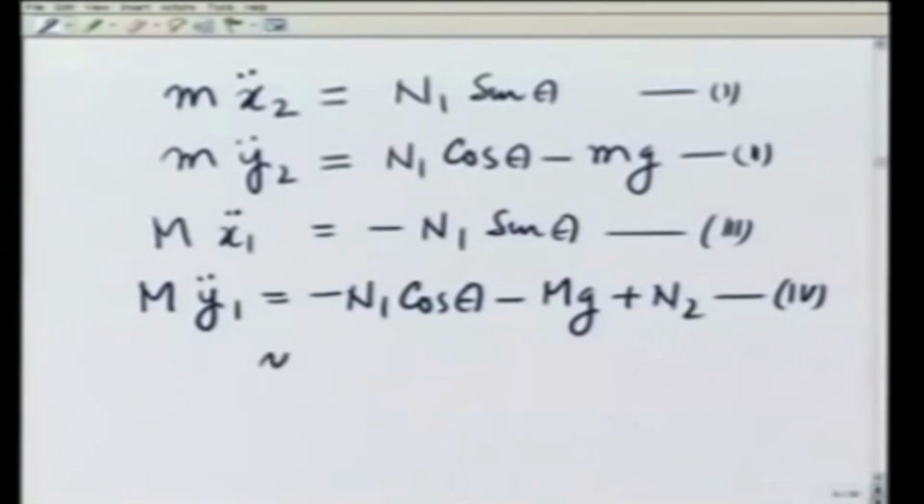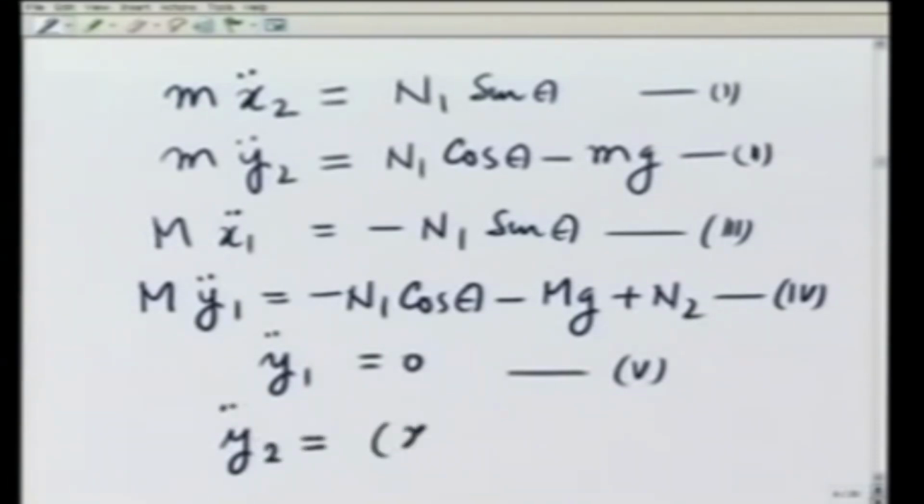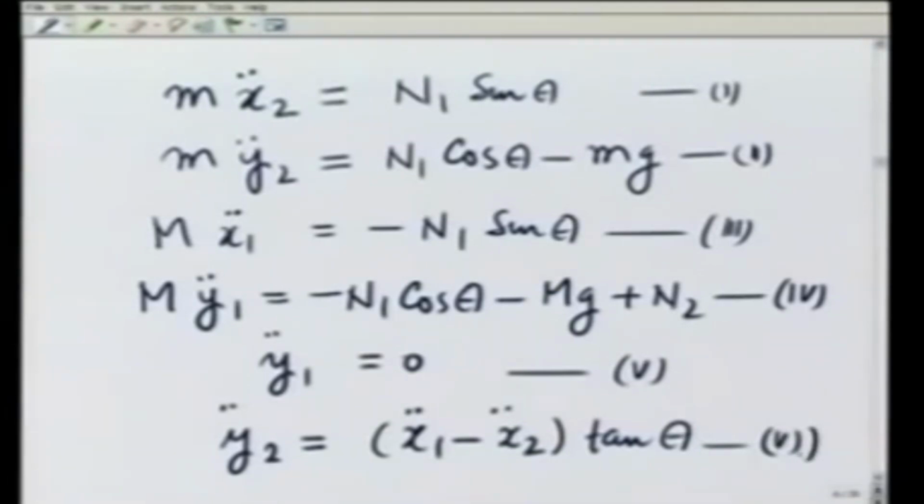Then y1 double dot is equal to 0, equation number 5, and y2 double dot is equal to x1 double dot minus x2 double dot tangent of theta, equation number 6. So now I have 6 equations and 6 unknowns which can be solved very easily.